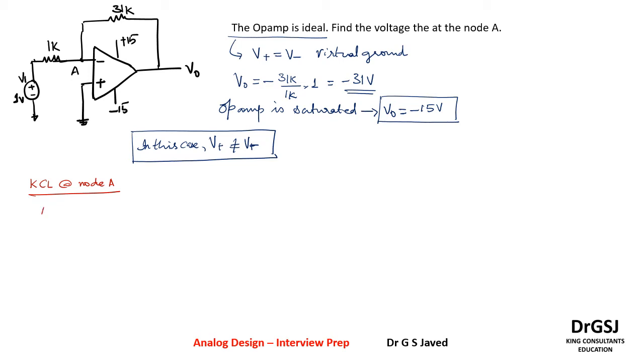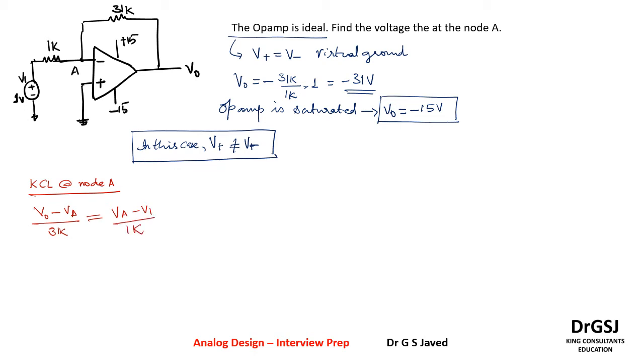So KCL at node A gives V naught minus VA by 31K equal to VA minus V1 divided by 1K.